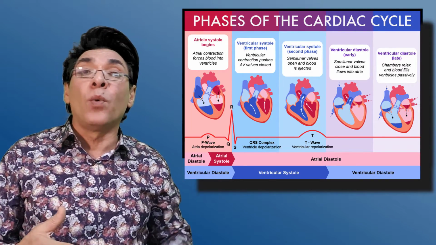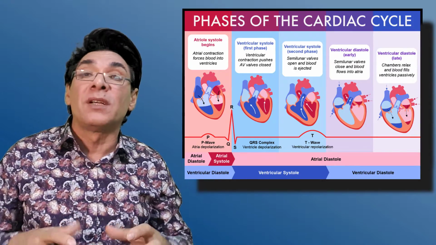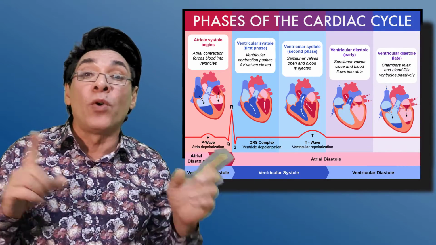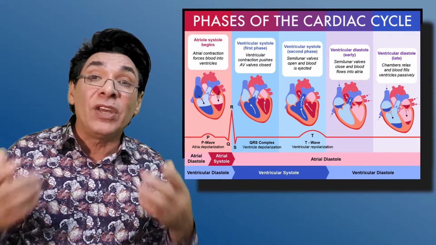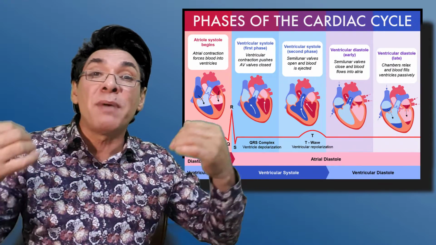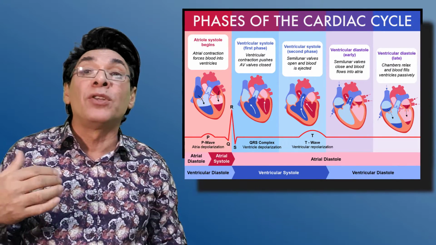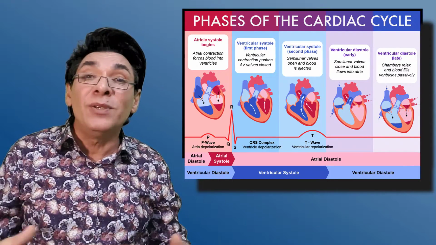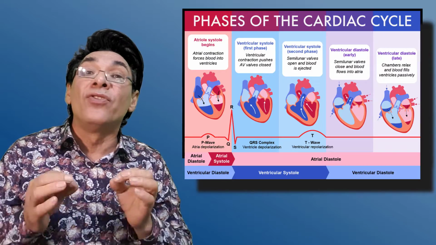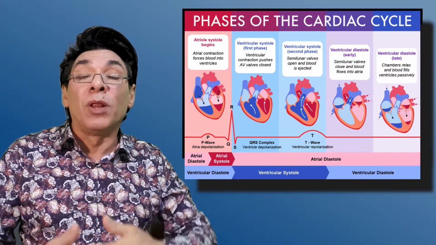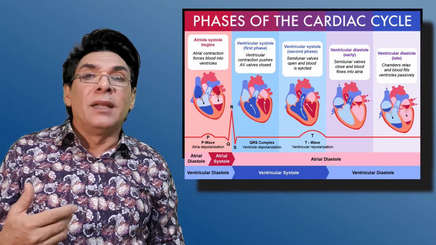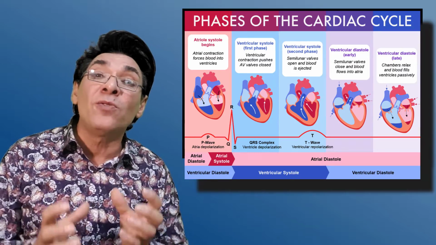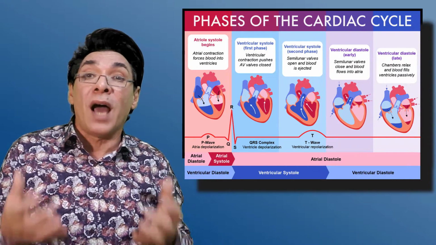When pressure within the ventricles drops below pressure in both the pulmonary trunk and aorta, blood flows back toward the heart, producing the dicrotic notch seen in blood pressure tracing. The semilunar valves close to prevent backflow into the heart.